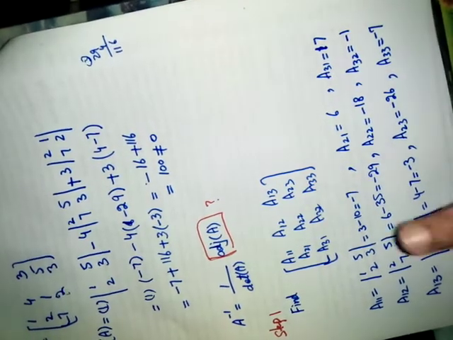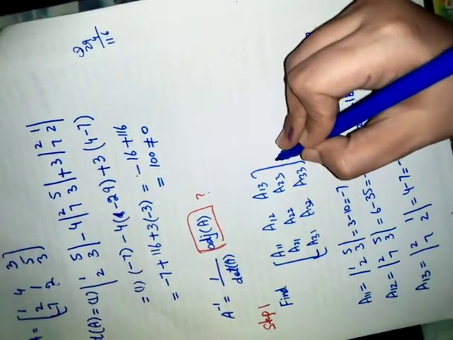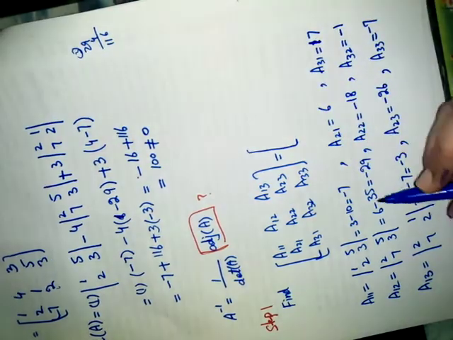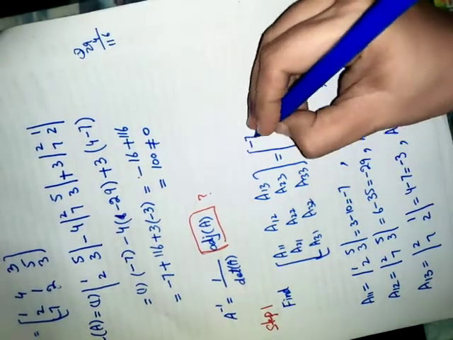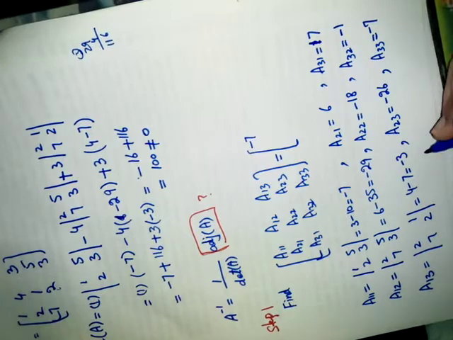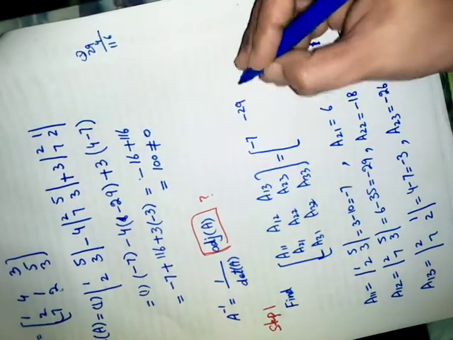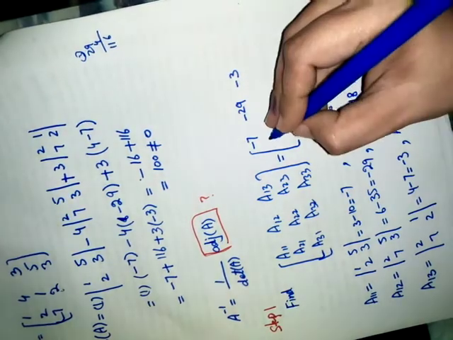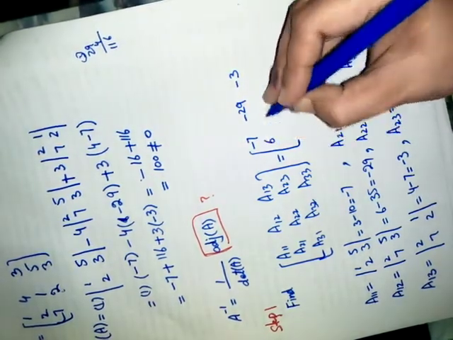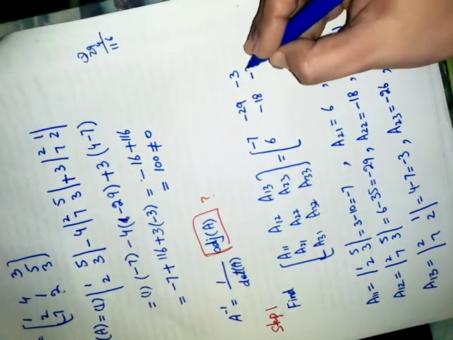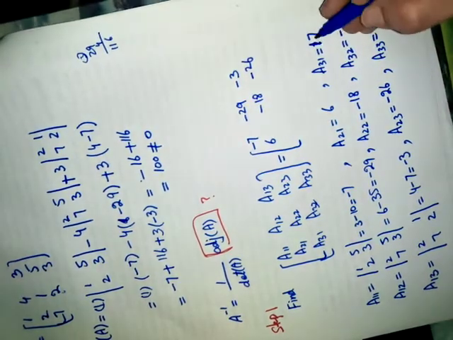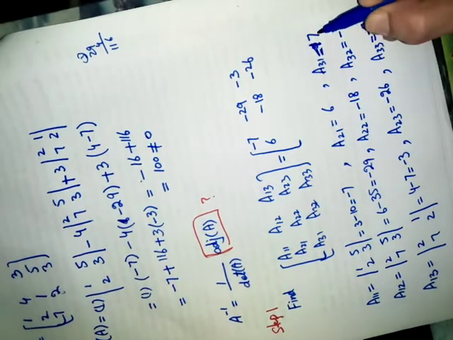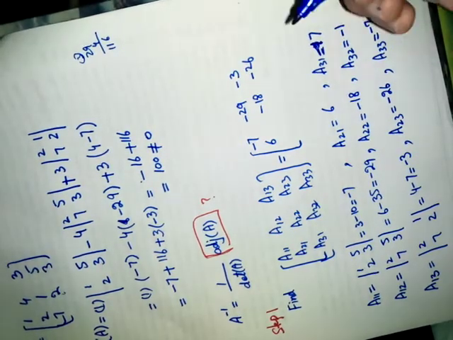Put all these values in this matrix. Minus 7, minus 29, minus 3, 6, minus 18, minus 26, 17, minus 1, minus 7.